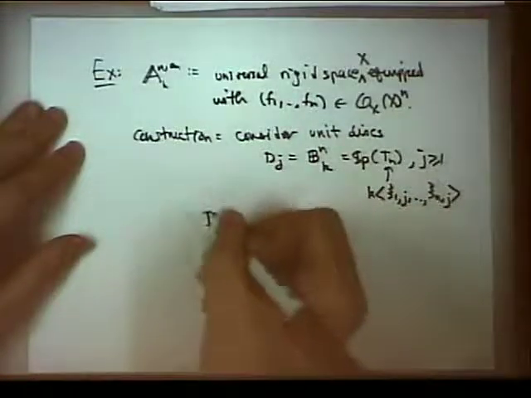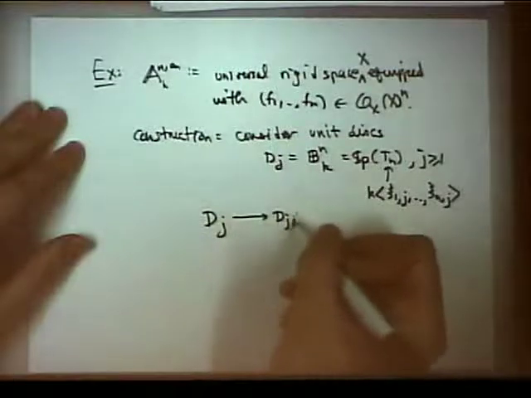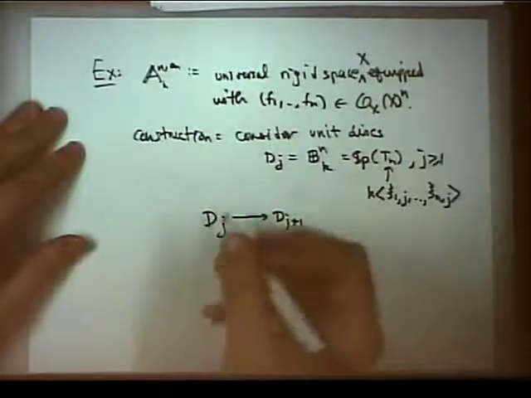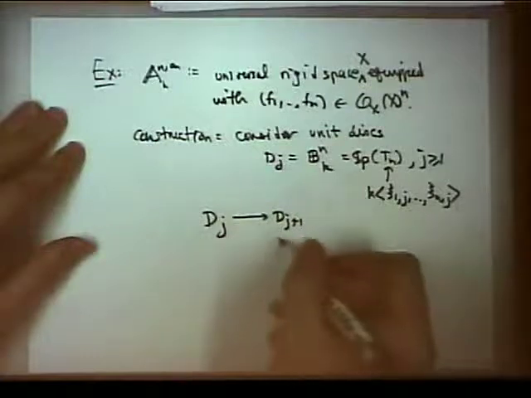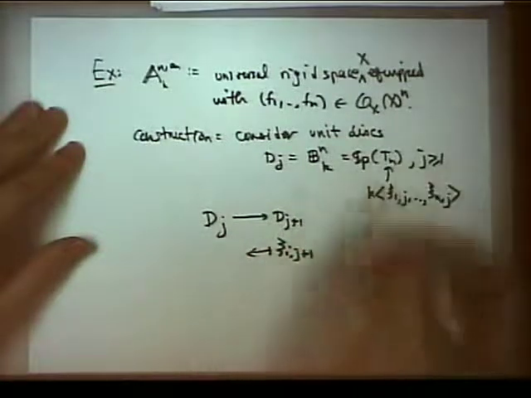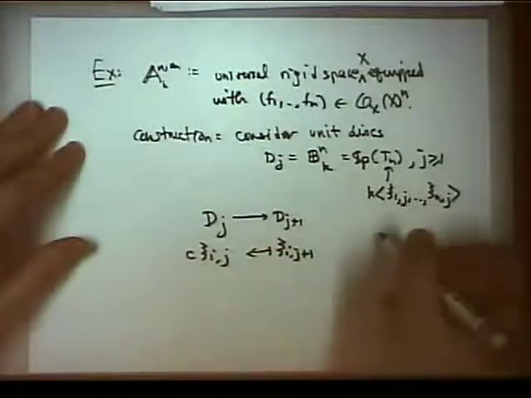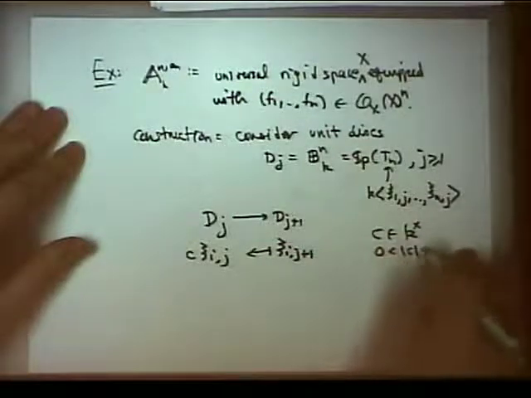And then we imagine putting D_j into D_{j+1} by sending the ith coordinate ψ_{i,j+1} to pull back, using the universal property of the Tate algebra, to c times ψ_{ij}, where c is some initial choice of constant whose absolute value is between 0 and 1.